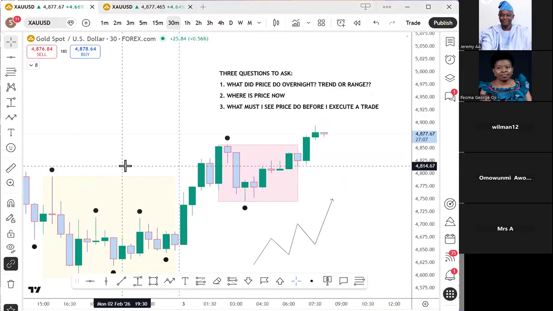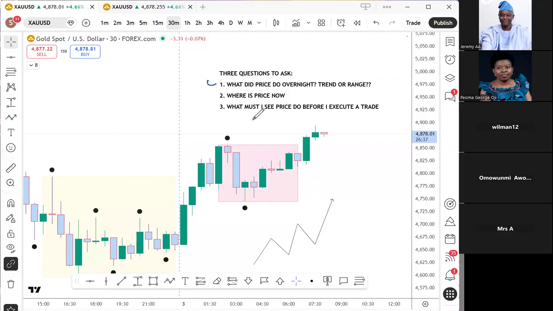We like to say that every time you come to your chart, you must have a process that you're using. You must have a consistent, repeatable process, because that is what will give you that edge in the market. So the first thing we ask is, what did price do overnight? It doesn't matter which process you're using, whether Bollinger Bands or moving averages or whatever the strategy is.